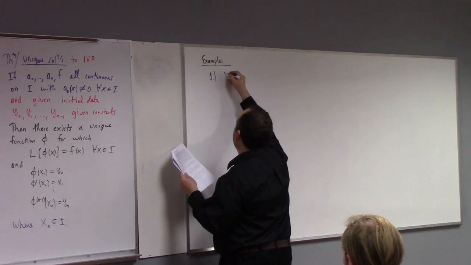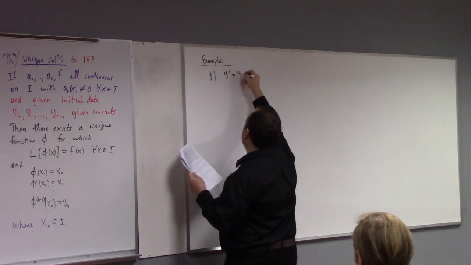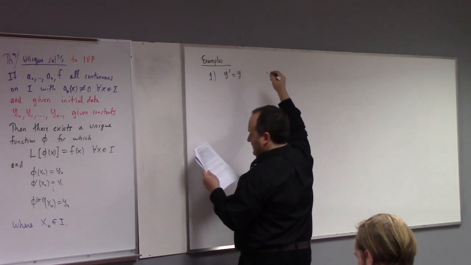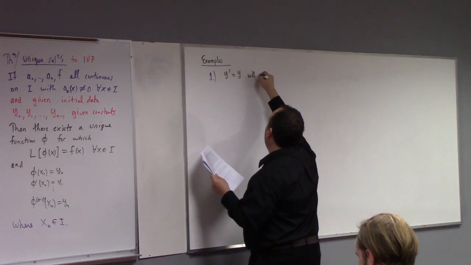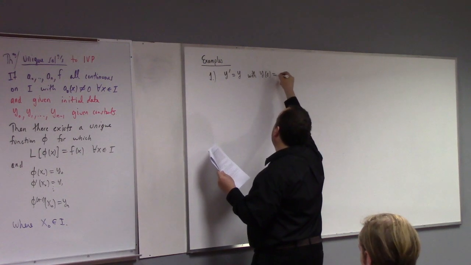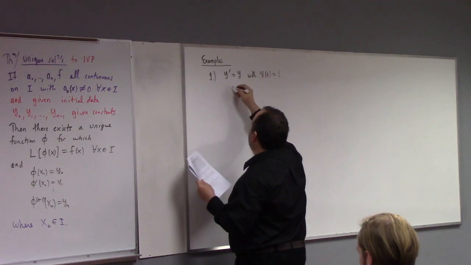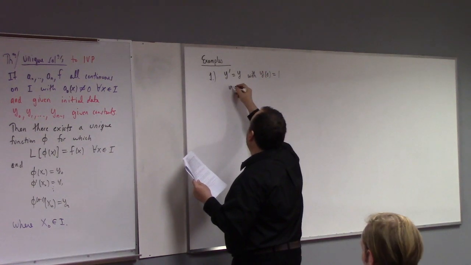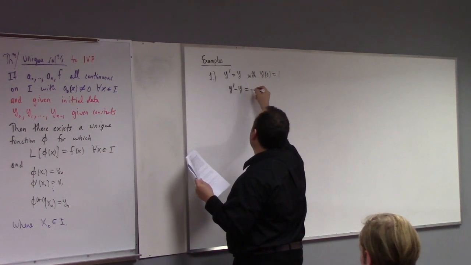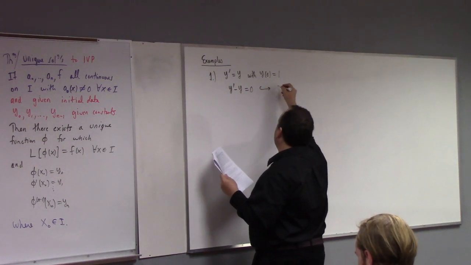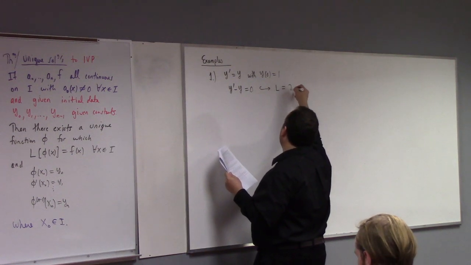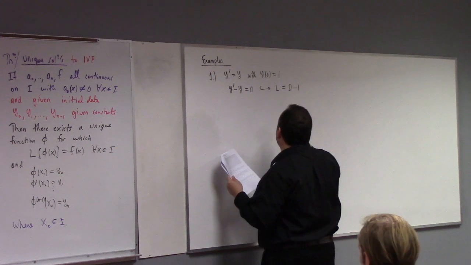If we were looking at y prime equals y with y of 0 equals 1, we can look at this instead as y prime minus y equals 0, right? So our L is equal to D minus 1.